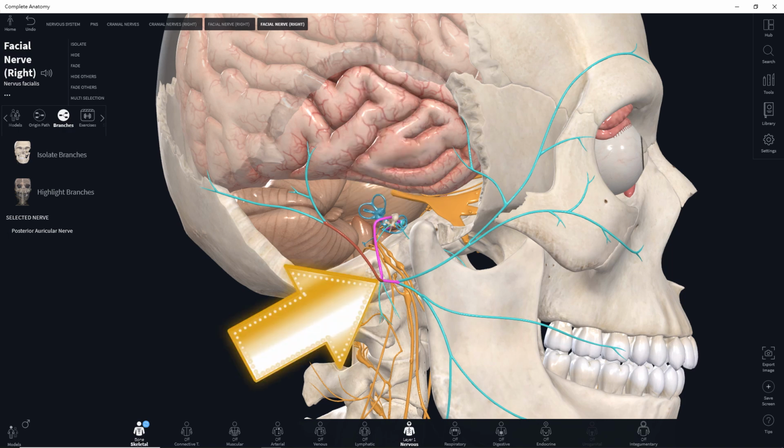After exiting the skull, the branching of the facial nerve begins at the point indicated by the yellow arrow, which is the site where the facial nerve has just emerged from the stylomastoid foramen.